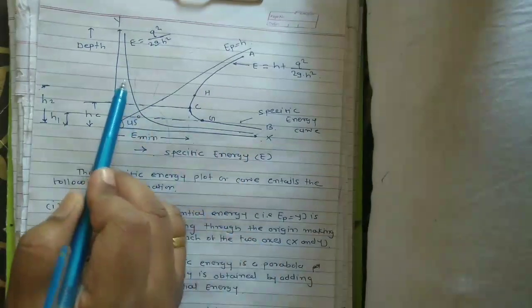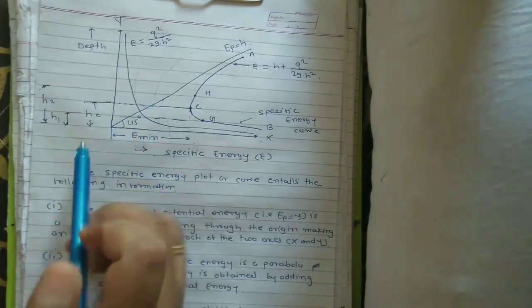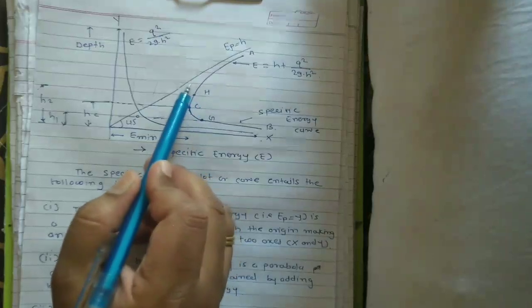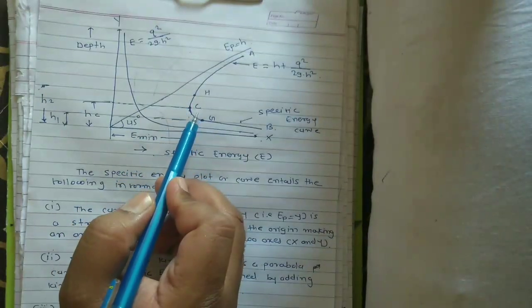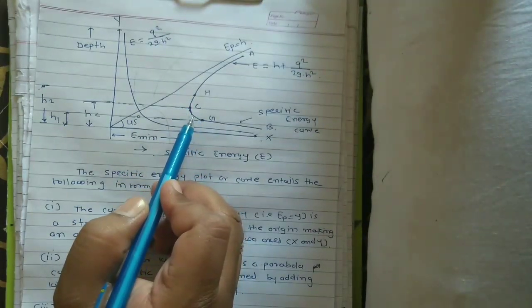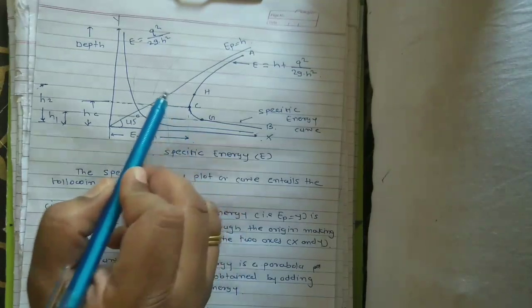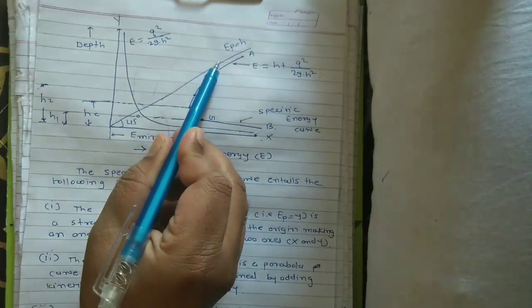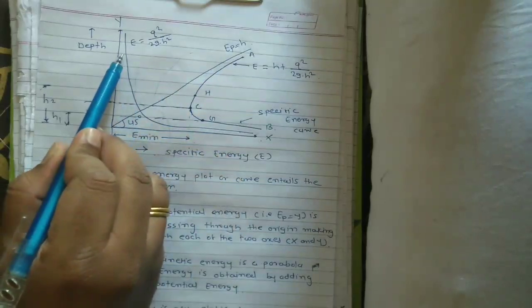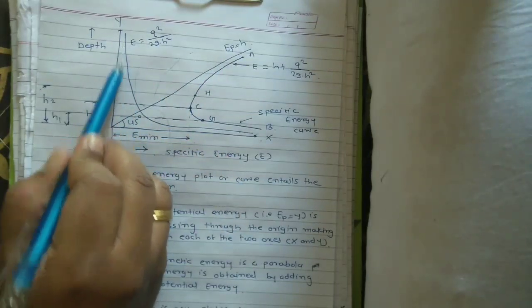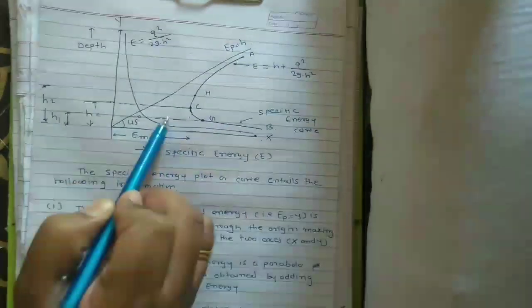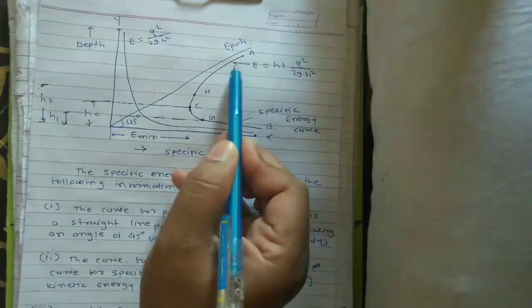Okay, now if you combine these two curves in order to find the specific energy curve, as we know specific energy is the potential energy plus kinetic energy, right? So we have plotted the potential energy curve, the first one, and then we have plotted the kinetic energy curve, that parabola, and if you combine these two curves, we will get this curve.